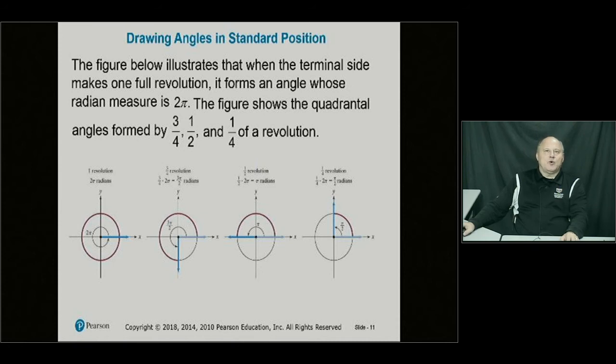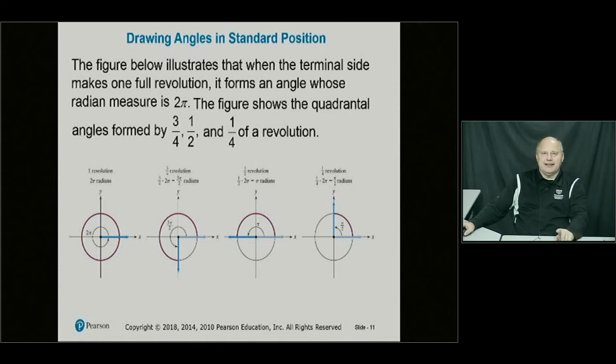The figure shows the quadrantal angles formed by 3/4, 1/2, and 1/4 of a revolution. Now, that doesn't mean 3/4, 1/2, and 1/4 radians. That means just 3/4 of a revolution. So the first one is 3/4 of a revolution. And you're like, it is? Yep, because every axis represents 1/4 of a revolution. So the positive y-axis is 1/4 of a revolution.